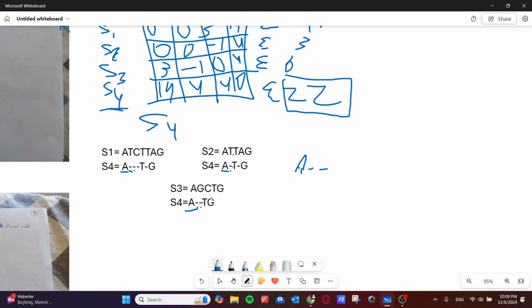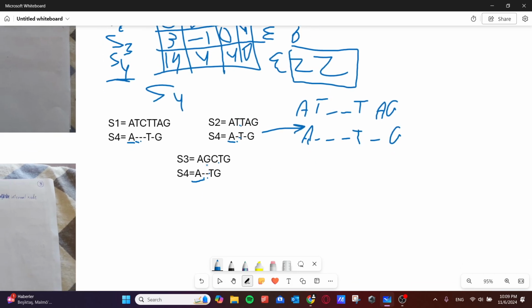Also, I have to add one gap here, so it would be two here. So I now have T T A T gap gap T A G, and here I have gap gap gap, the one I have added because it's missing. Then T gap G.